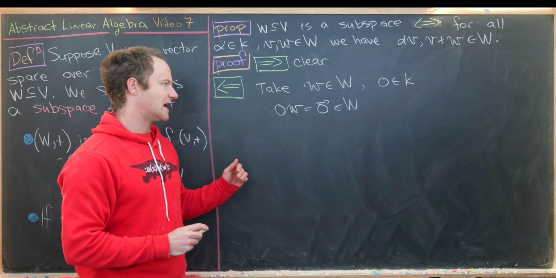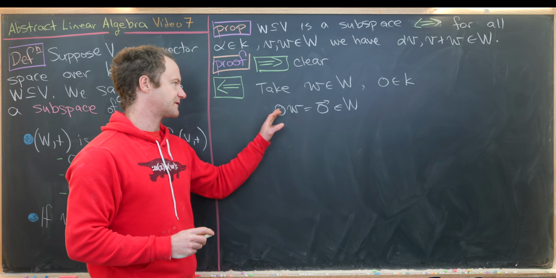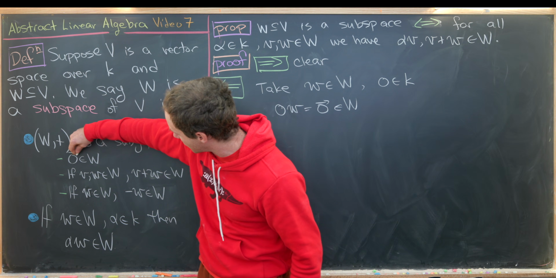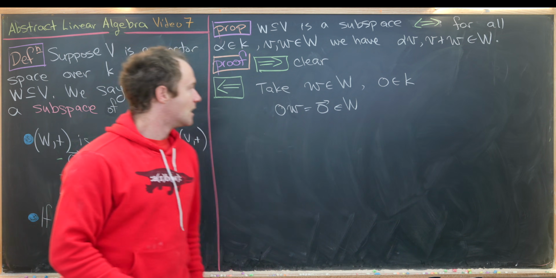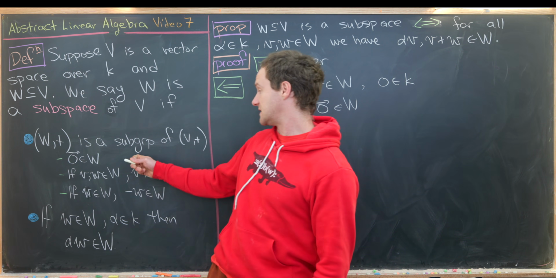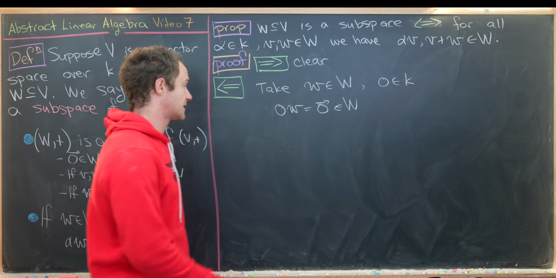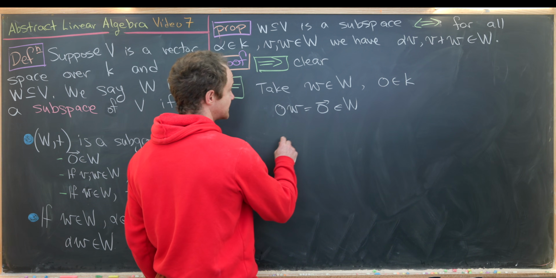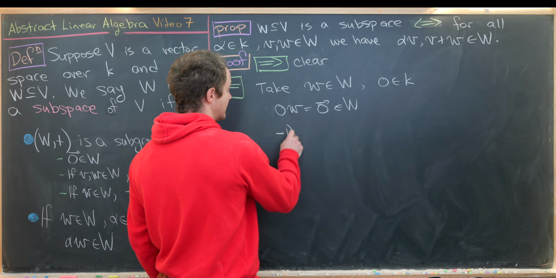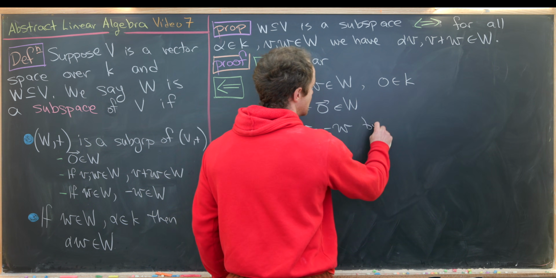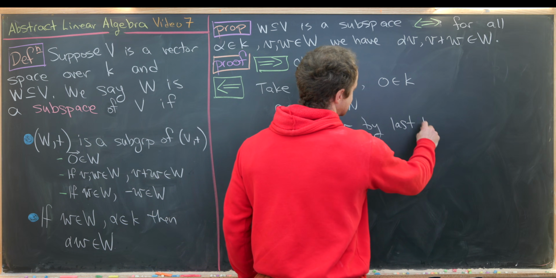And from time to time, I'll distinguish the zero vector from the zero scalar with an arrow. And I should maybe point out over here, we mean the zero vector. Okay, good. So that's this property taken care of. Now we need this property. And that's going to be just as quick. So maybe let's also notice that -1 times w is equal to -w by something that we saw last time.